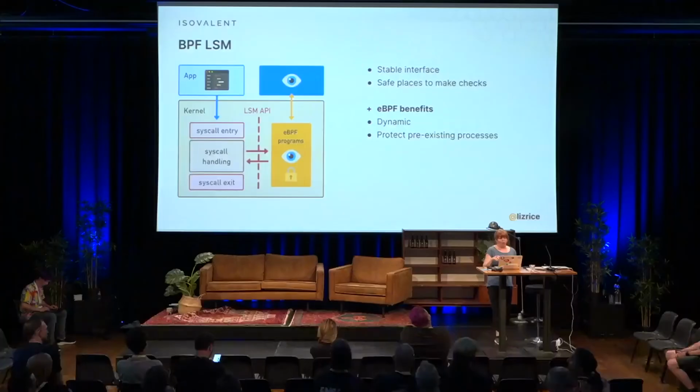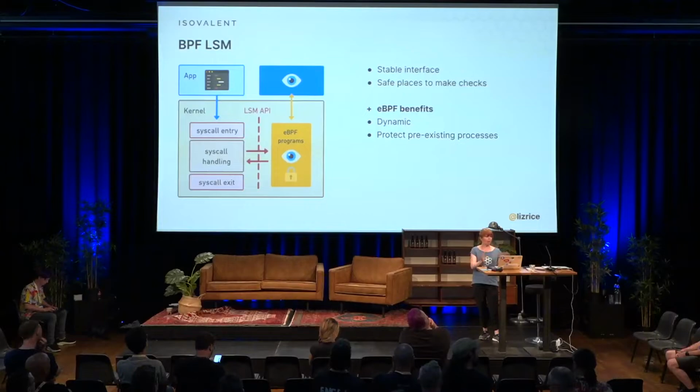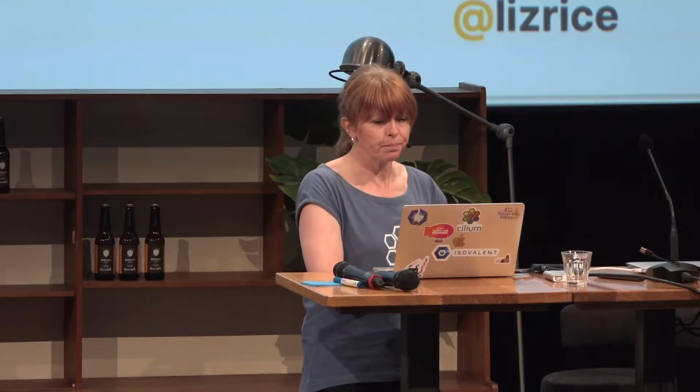So, wouldn't it be awesome if rather than having a kernel module to do that, we could use eBPF modules to make those checks using the LSM interface? And we can. There's a thing called bpf-LSM that does precisely this, allows us to hook eBPF programs to these LSM function calls.